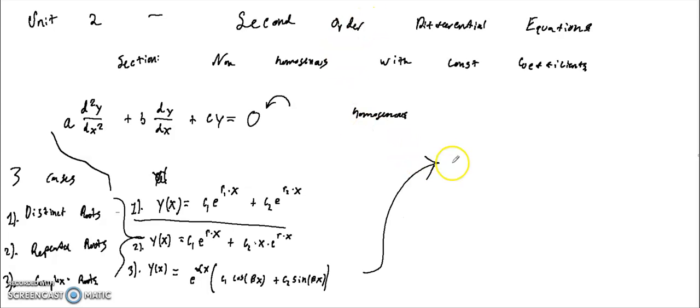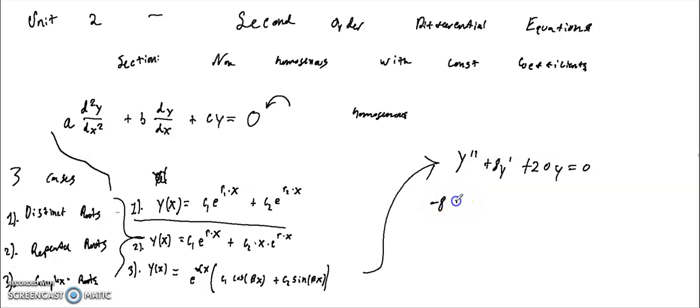Let's say we got something like y double prime plus 8y prime plus 20y equals 0. So we end up factoring this, and we notice that there's no real way to multiply two numbers together that add up to 8. So we're going to use the quadratic formula.